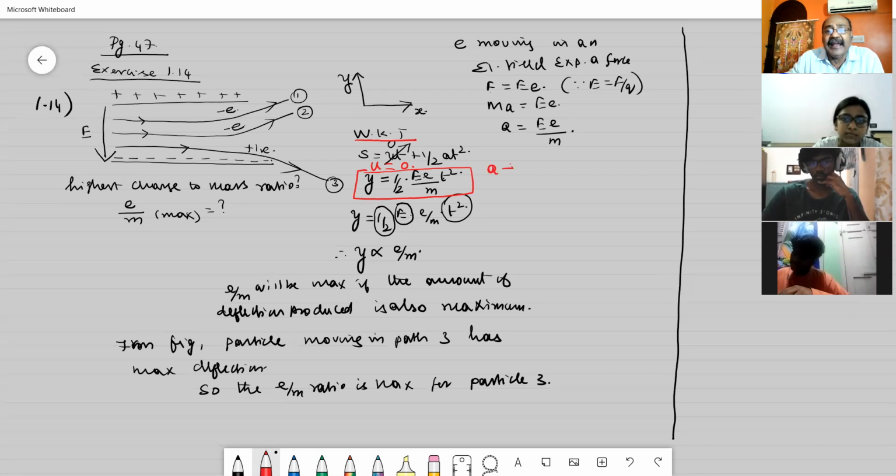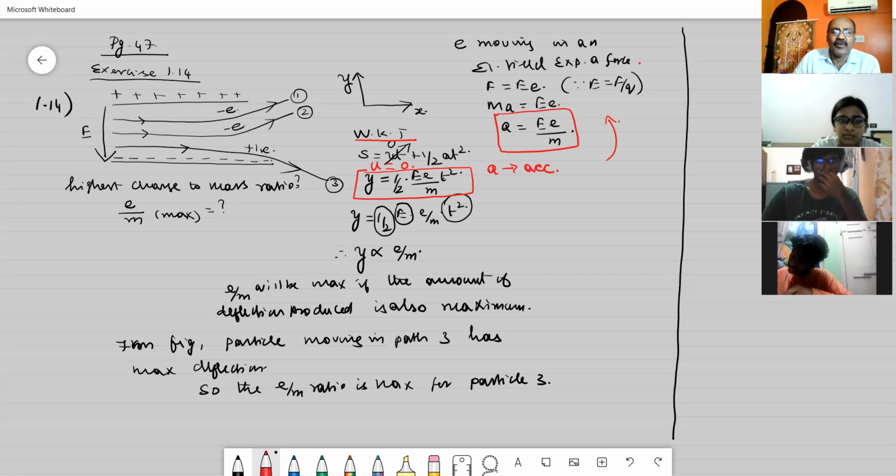What is a? a is the acceleration produced on the charged particle. A charge e moving in an electrical field E experiences a force, which is e into E. Force can be written as mass into acceleration, so acceleration a is equal to eE divided by m.